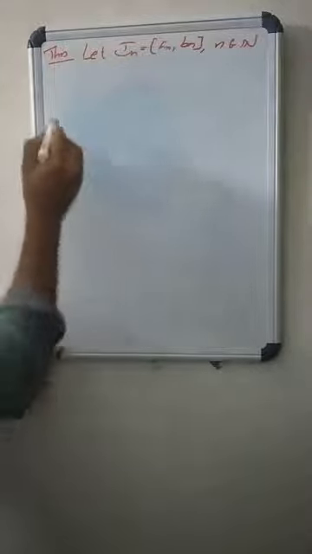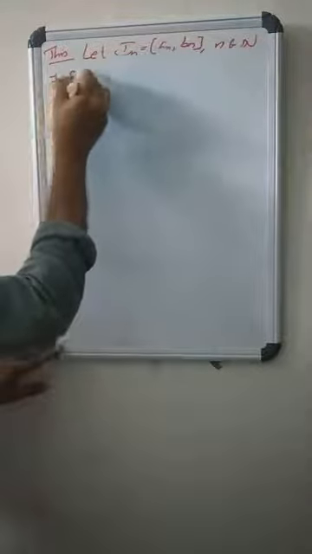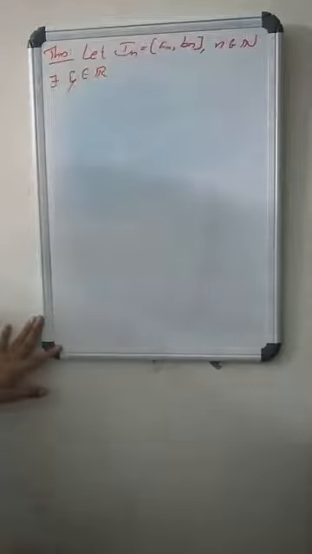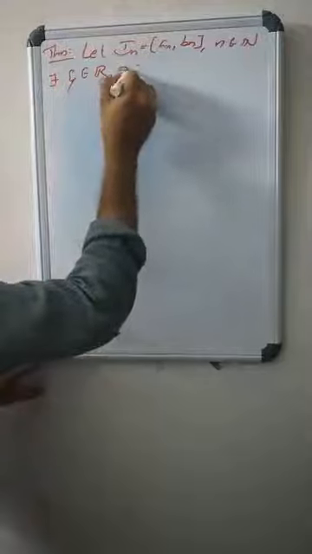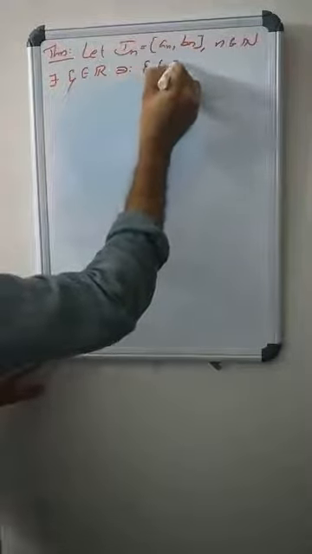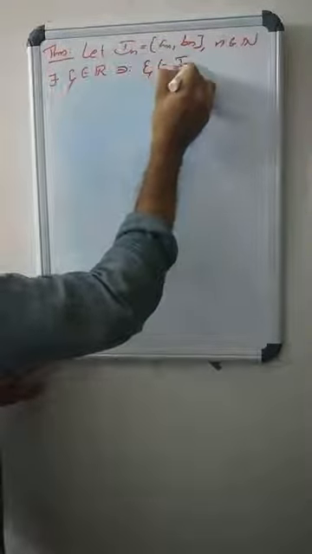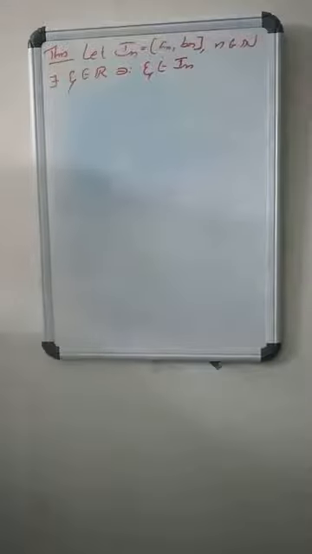Then there exists a theta in R such that theta belongs to the intersection of all I_n. So this is the nested interval property.